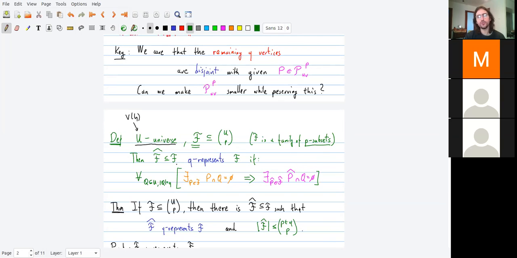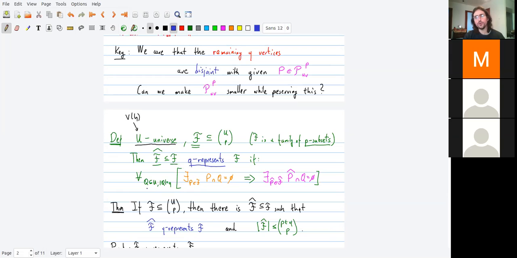And then, given this large family F, I would like to restrict my attention to a subfamily F hat. This is a representative set that q-represents F. And what does it mean that F hat q-represents F? It means the following.